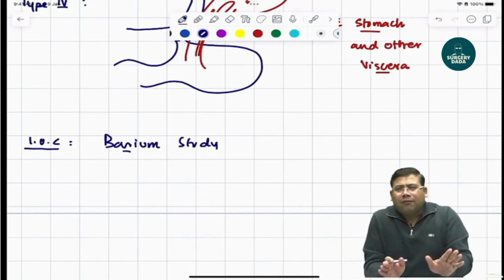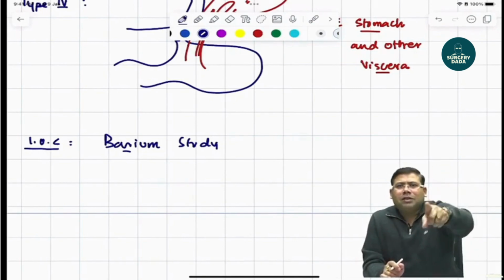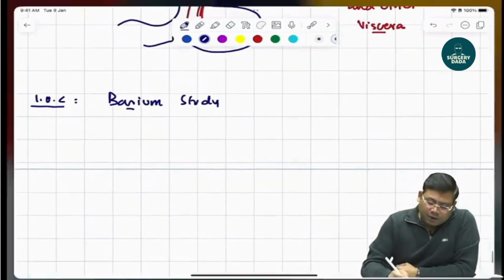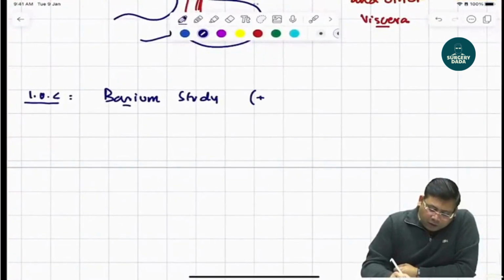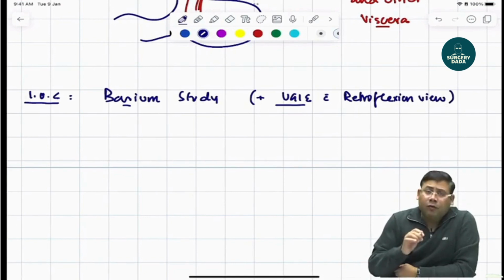There is no gastric flap. The configuration of the stomach present in the esophagus is what is diagnostic. So barium study, and along with that upper GI endoscopy with retroflexion view, is mandatory for the diagnosis.